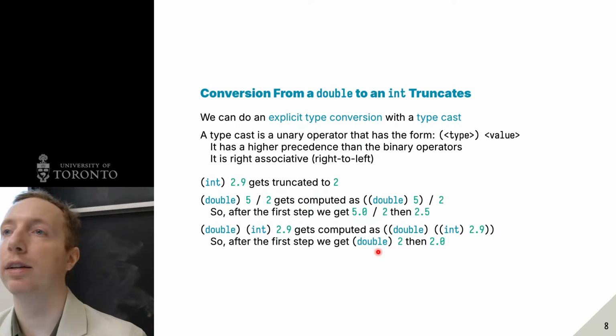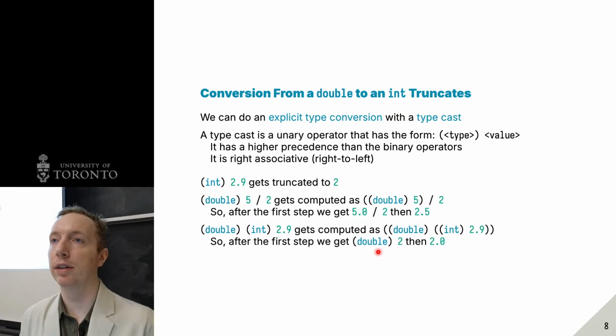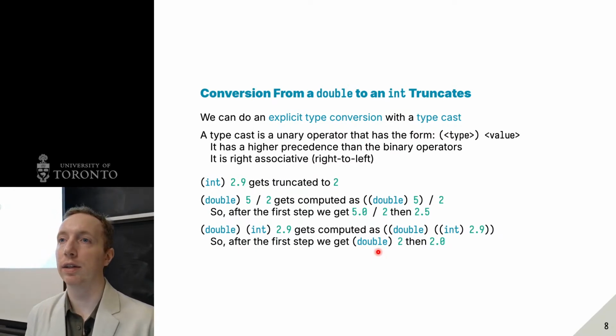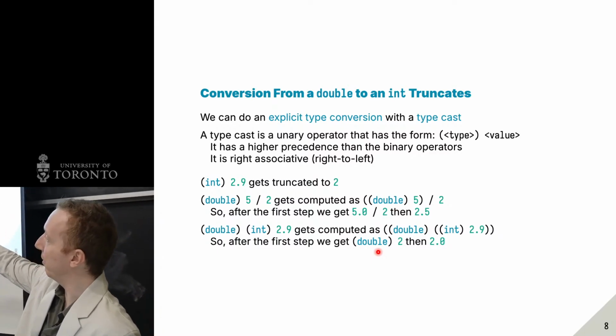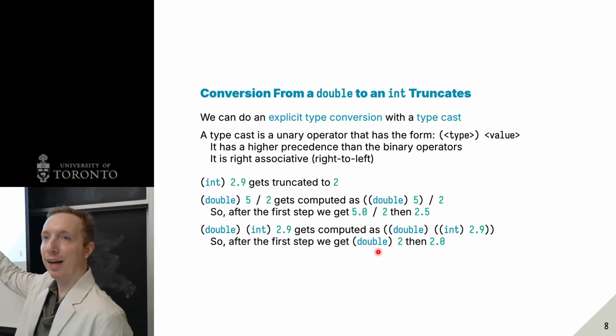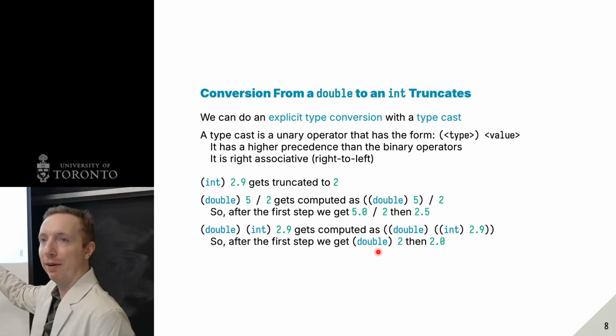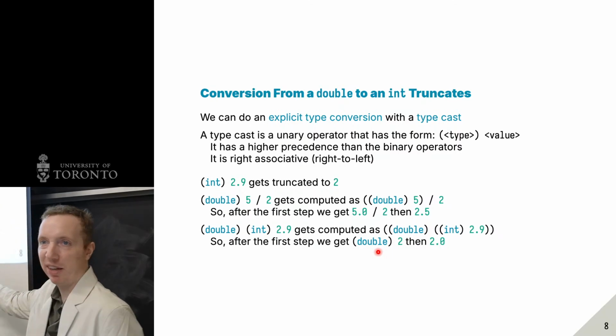Yeah? So this thing I did of converting a double to an int is basically a floor operator, right? So if I wanted to do a floor, I could basically do it like that.